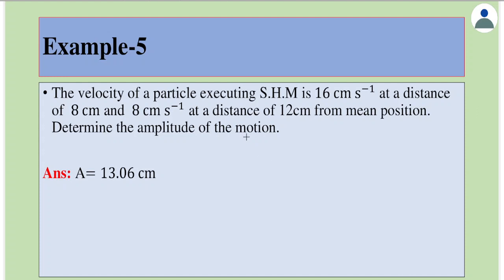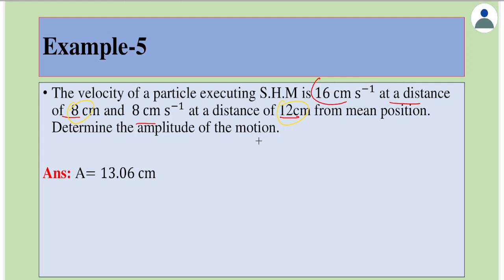Example 5 says the velocity of a particle executing simple harmonic motion is 16 centimeter per second at a distance of 8 centimeter, and it is 8 centimeter per second at a distance of 12 centimeter from the mean position. The question says determine the amplitude of the motion. Now here the velocity of the particle is given at two positions, at a distance of 8 centimeter and at a distance of 12 centimeter.